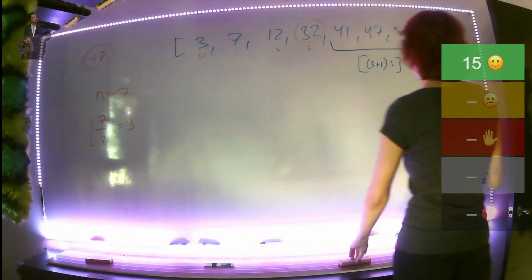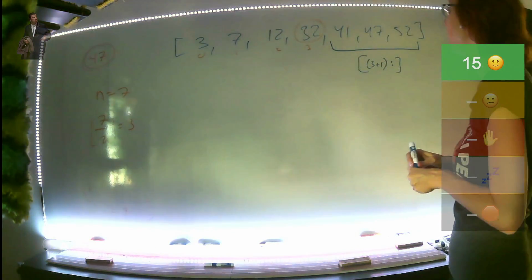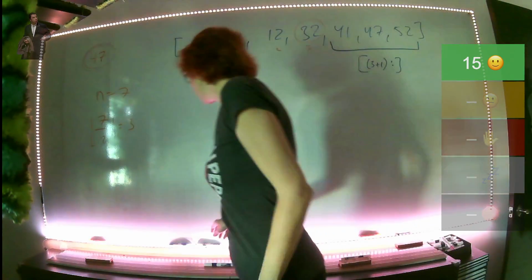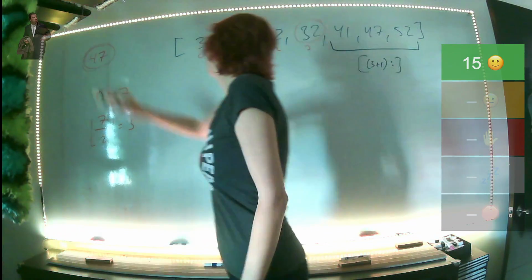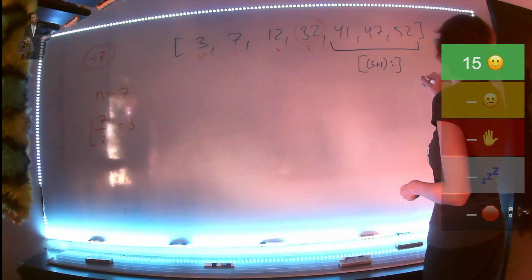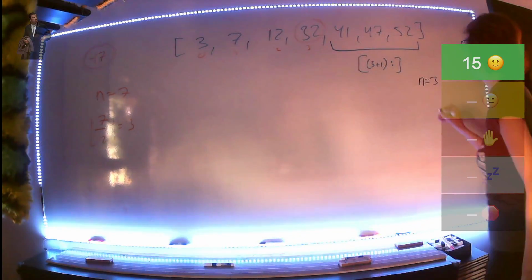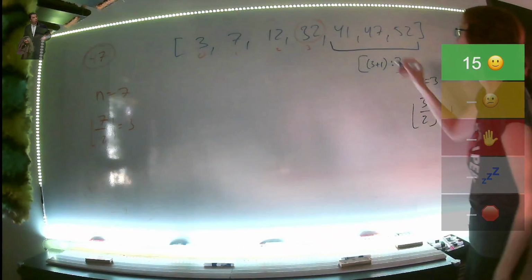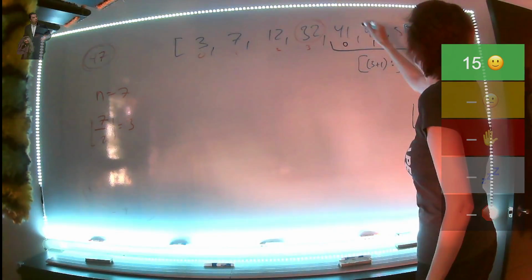And now this is a recursive call, meaning I'm going to do the same exact thing, but now with less data. I'm looking for a 47 in this subarray. How many elements do I have? I have 3. 3 divided by 2, floor function is 1. Indices go 0, 1. So this one's my center element.